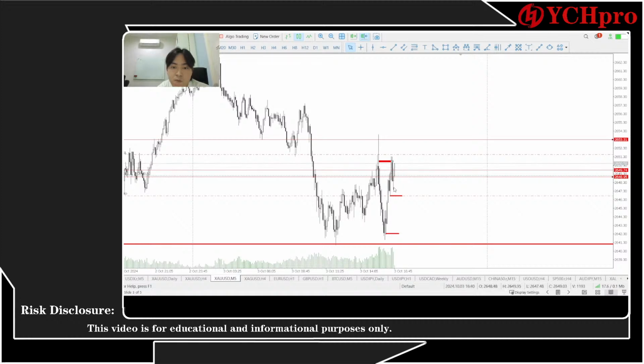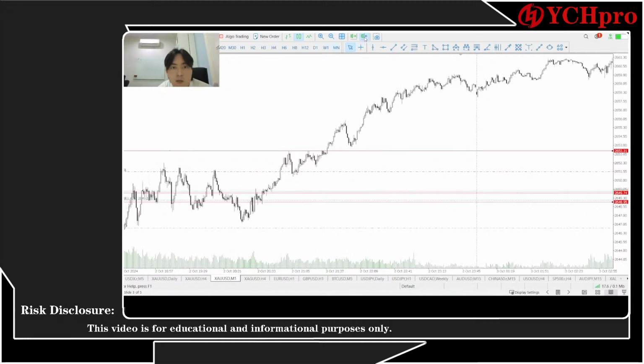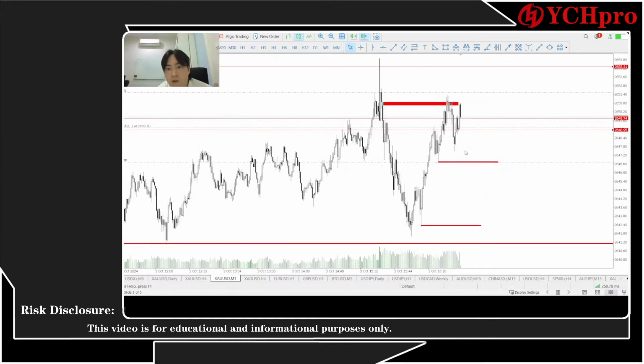We might be stopped out, and if we are, we might need to wait for another analysis. Right here we do see signs of going lower, but right now it's not a really good sign, because the price is really reflecting from here, going higher. So let's hope for the best.